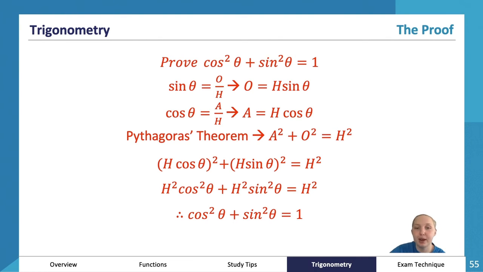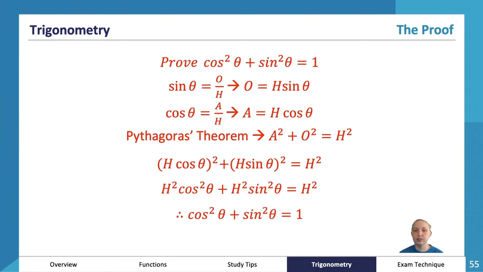If we then use Pythagoras, a squared plus o squared, so adjacent squared plus opposite squared equals hypotenuse squared, we'll get (h cos theta) squared plus (h sine theta) squared equals h squared, which you end up with h squared times cos squared theta plus h squared times sine squared theta equals h squared.